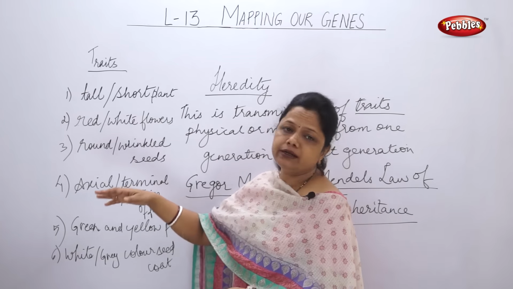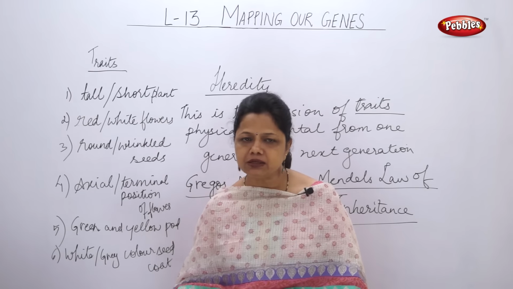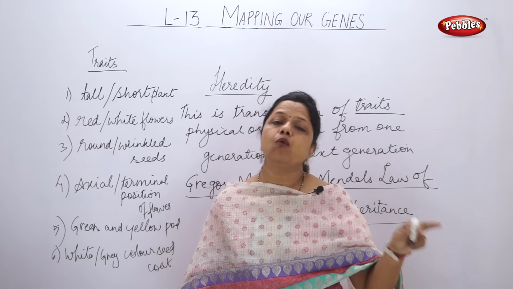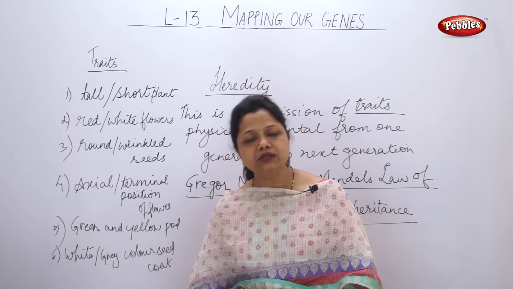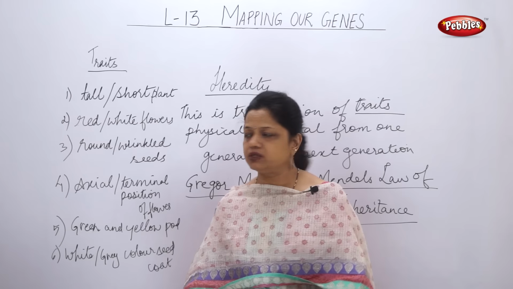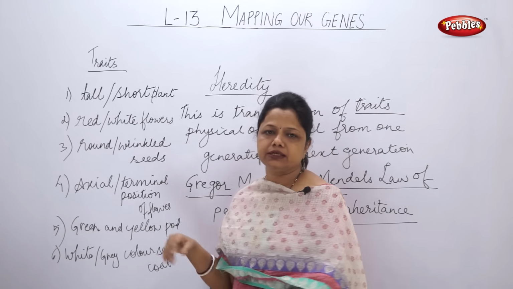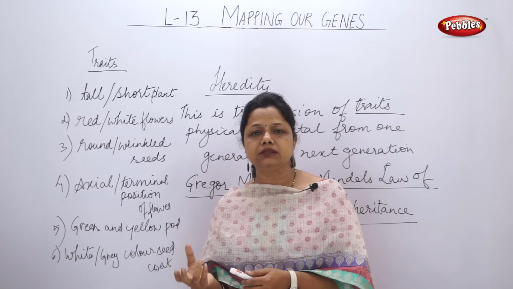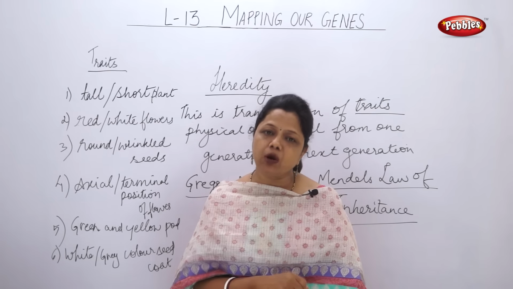Then he did the experiment with flowers, a plant which has red flowers and a plant which has white flowers. If he takes these two characters, what is the result in the next generation? If he took a round seed and a wrinkled seed, in the next generation he wanted to see which will be highlighted, which will be dominant.